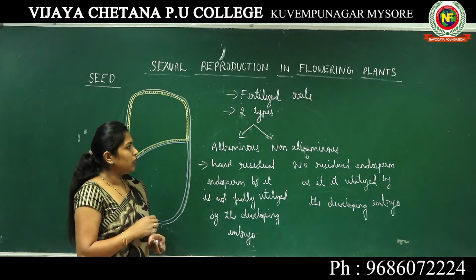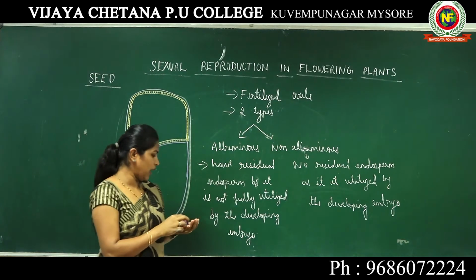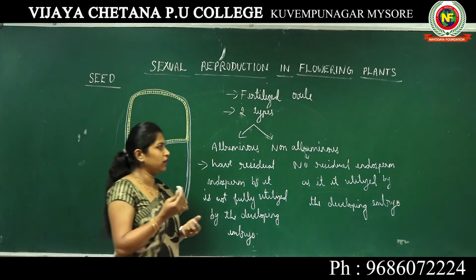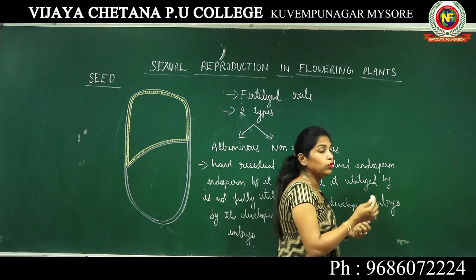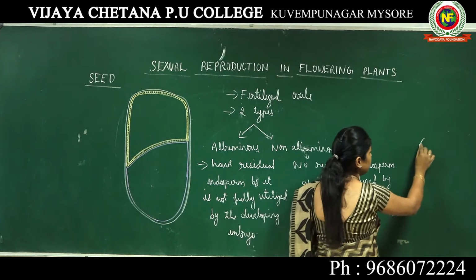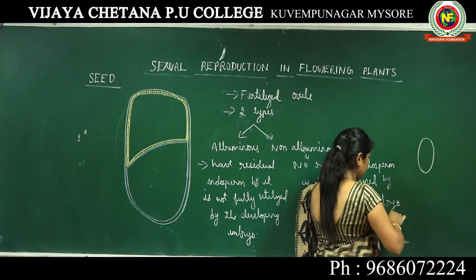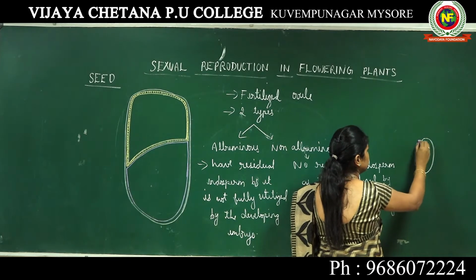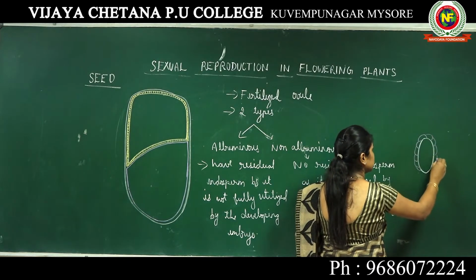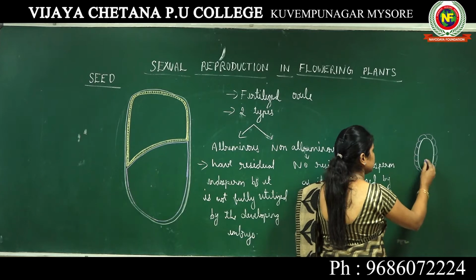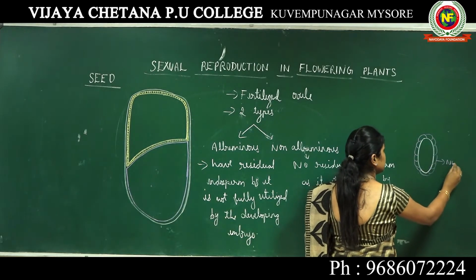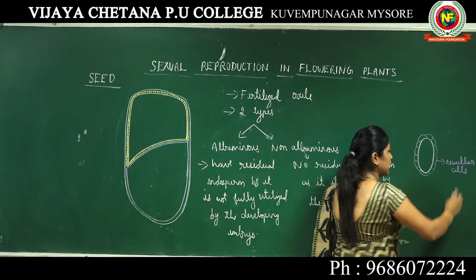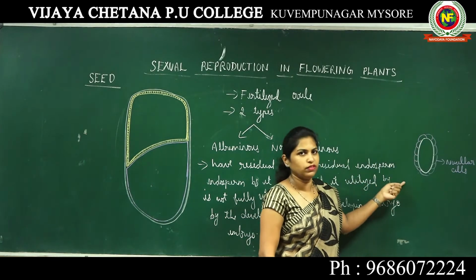Now, in a few other cases, what happens is the nucellar cells. Hope you are aware of what nucellar cells are. Surrounding the embryo sac, we have this group of cells known as nucellar cells or nucellus, as we say.